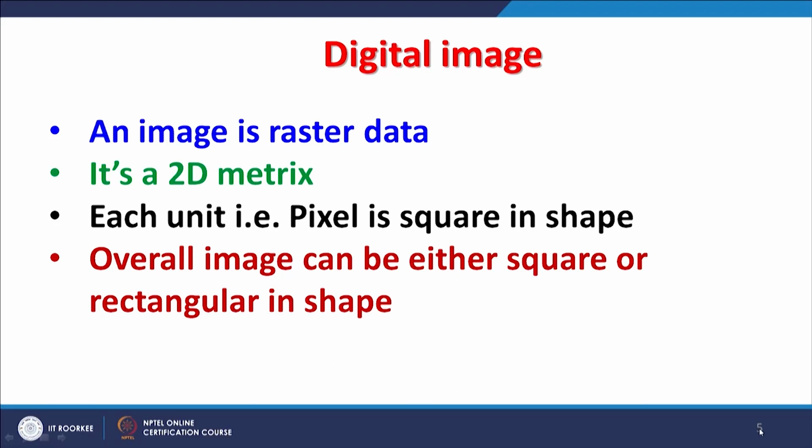However, the overall shape of a raster data or 2-dimensional matrix can be square or rectangular, but the unit will always be square in shape. In our case of a digital image, the unit is the pixel. As I have already mentioned, the overall image can be either square or rectangular, but the unit has to always be square.